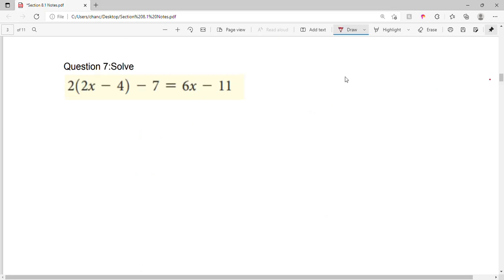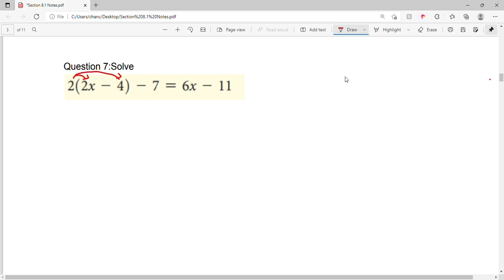Question 7. Solve 2 times the quantity 2x minus 4 minus 7 equals 6x minus 11. When you see a pair of parentheses, let's get rid of them first by using distribution.